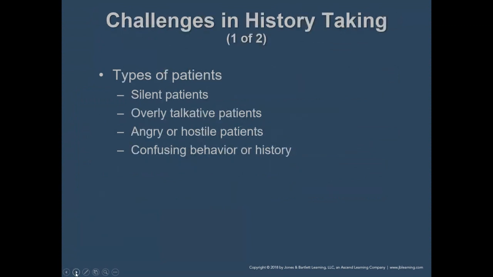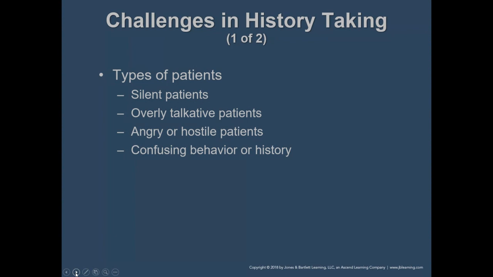I would like to think that everybody knows how to deal with these types of patients. The ones that are silent: why are they silent? Is it a cognitive issue? Is it a speech issue, an inability to speak and respond back to you? Is there a deficit there? If somebody's overly talkative, is that a psychological condition?